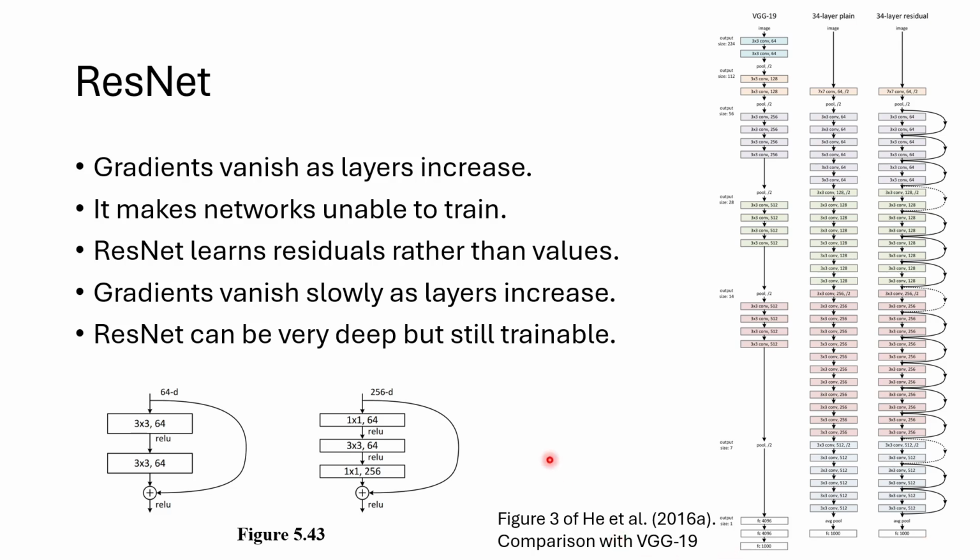Because they focus on residue, even though the number of layers gradually increases, the gradient can be passed through those layers.